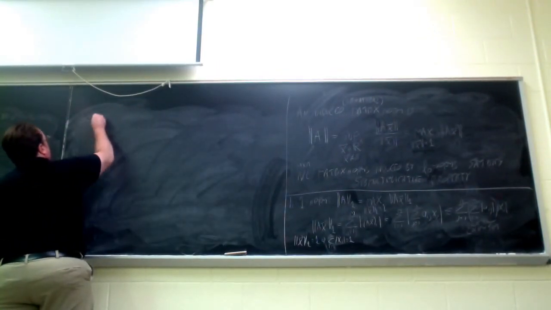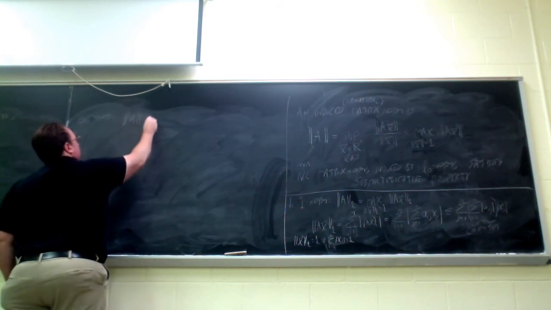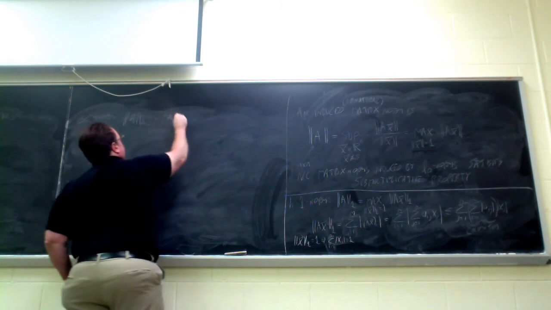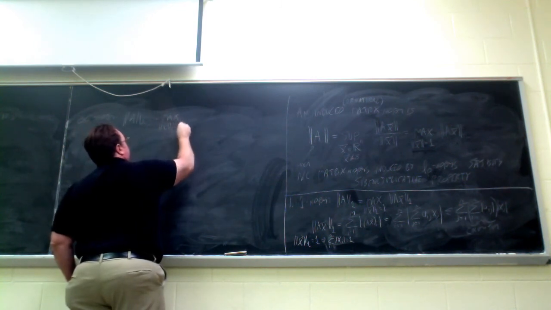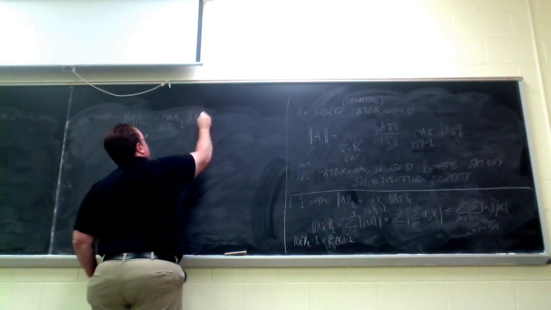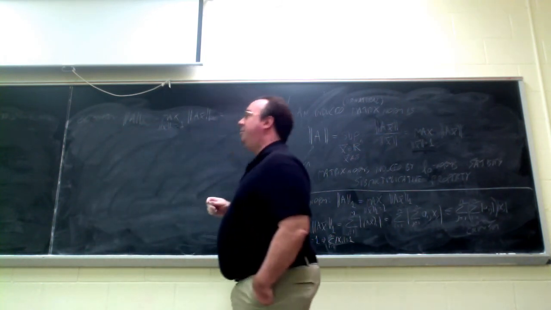The infinity norm is defined as the maximum over all vectors whose largest component has an absolute value of 1, of the infinity norm of Ax. And there's a formula for that too. It's actually the maximum row sum.